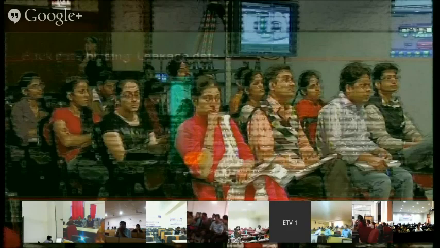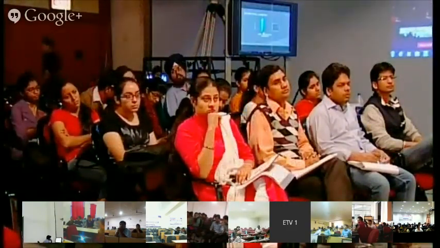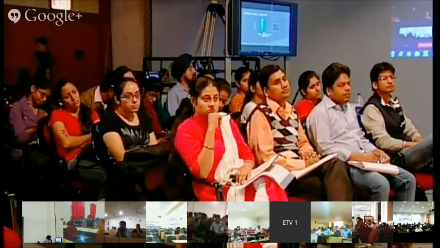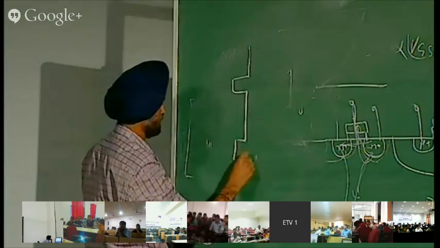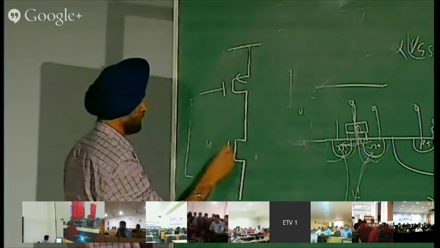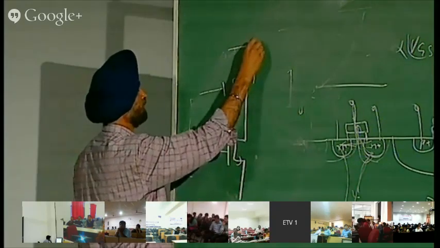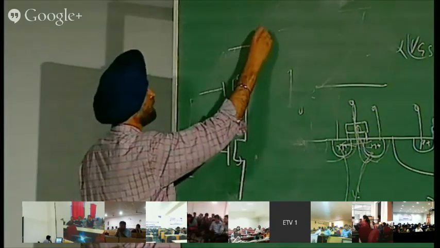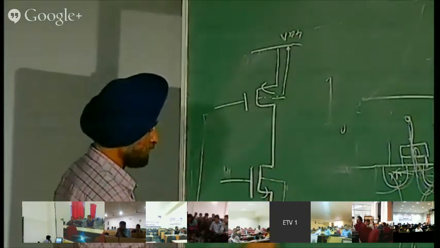Normally in a digital circuit, the body is connected to VDD and this terminal is connected to ground.